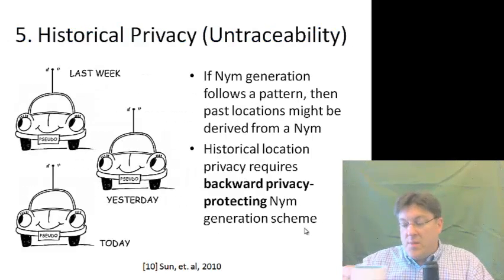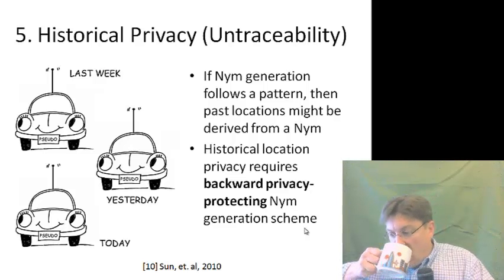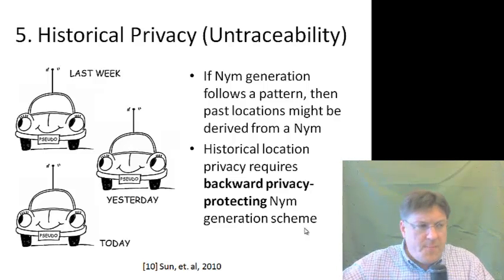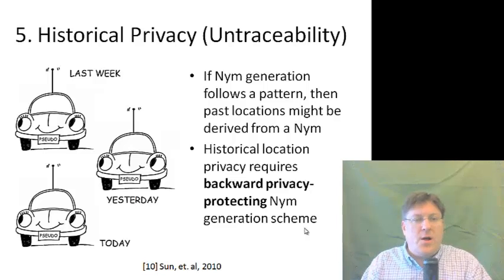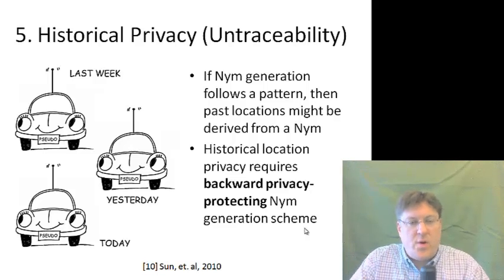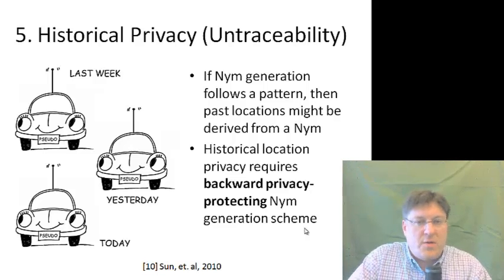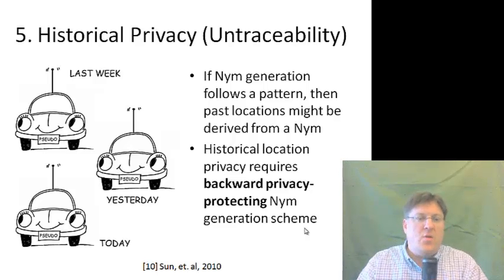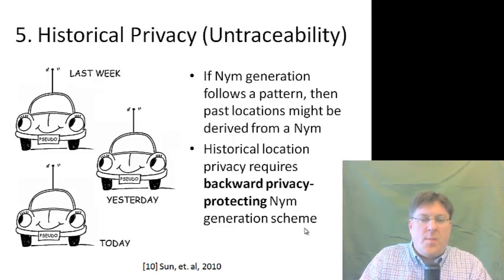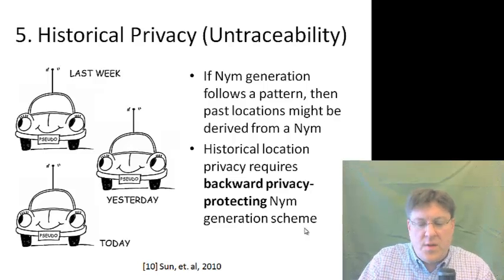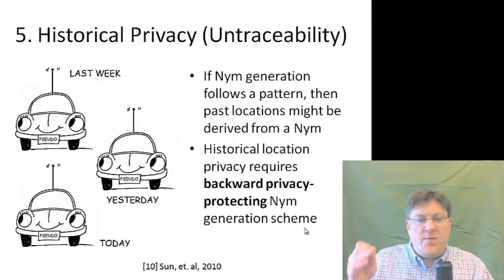Now let's talk about historical privacy. Regular location privacy we might call untrackability. You can't follow where that person or that car is. Untraceability means you can't go back indefinitely, as far as you want, to find where a person was. For historical location privacy, some of the techniques for generating these pseudonyms follow a pattern.